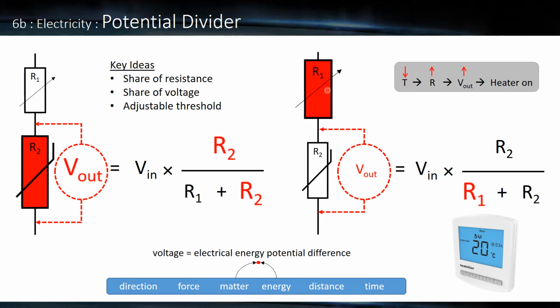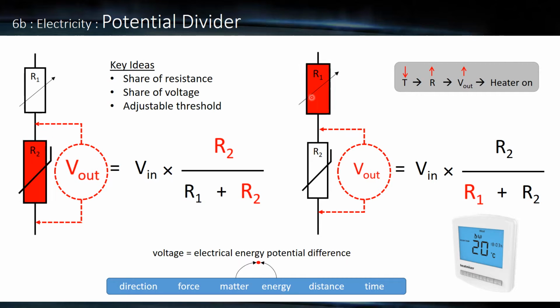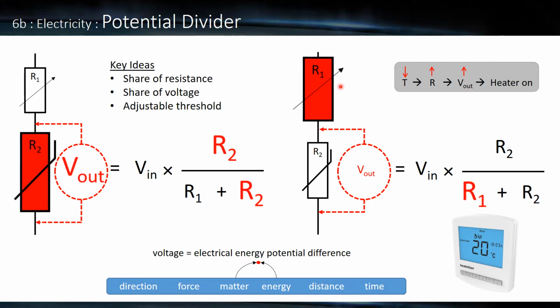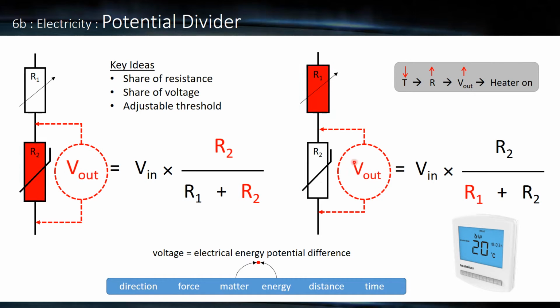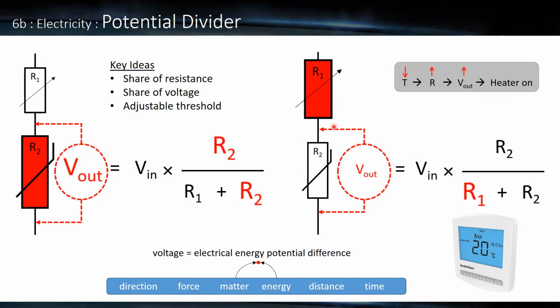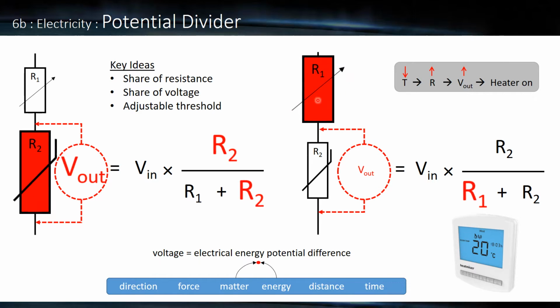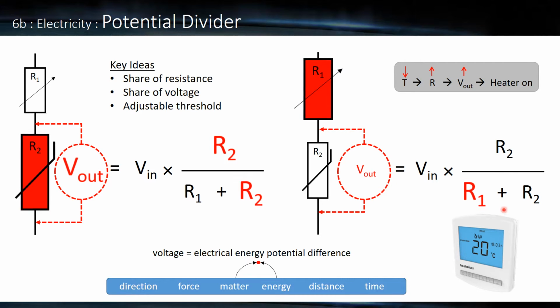So over here we've got the same circuit, or the bit of a circuit, but now we've got this resistor here changing. It's a variable resistor, and it's kind of obvious that if its own resistance changes, its share changes. What's less obvious is if something happens far away, or not very far away, but you might think it might have no effect, but it does. And we can see that here.